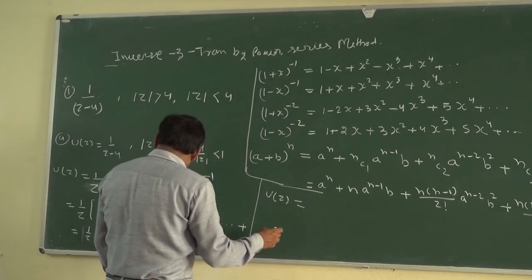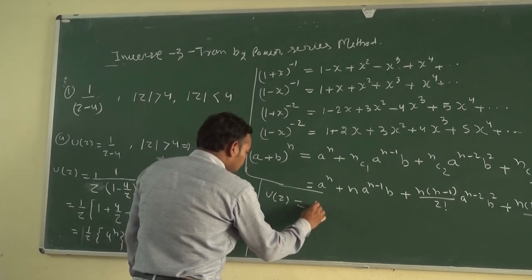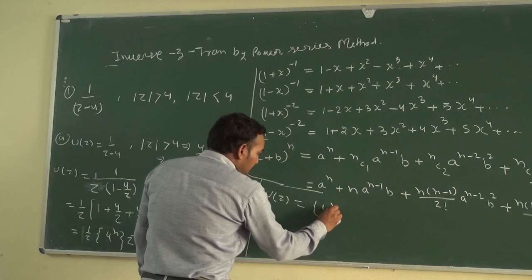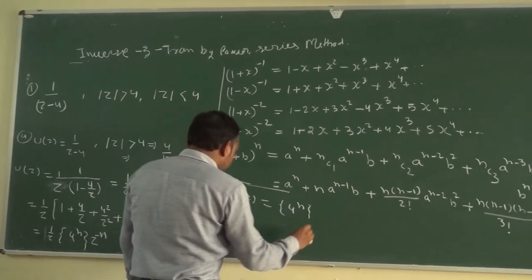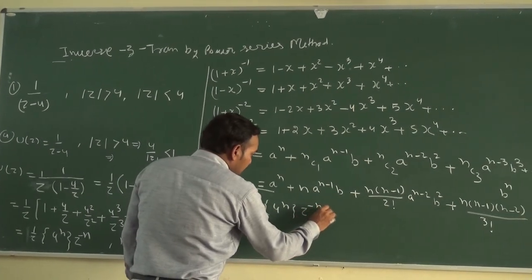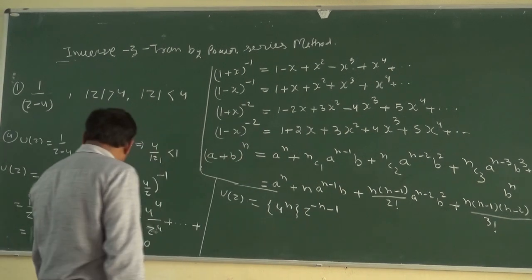So U of z equals 4 to the power n z to the power minus n minus 1.